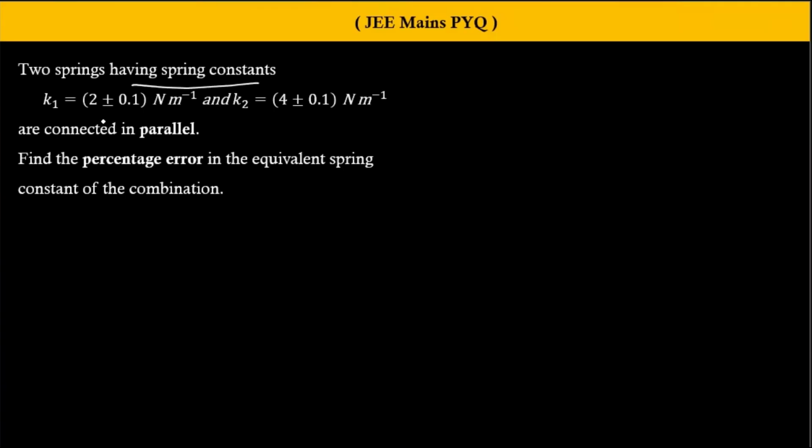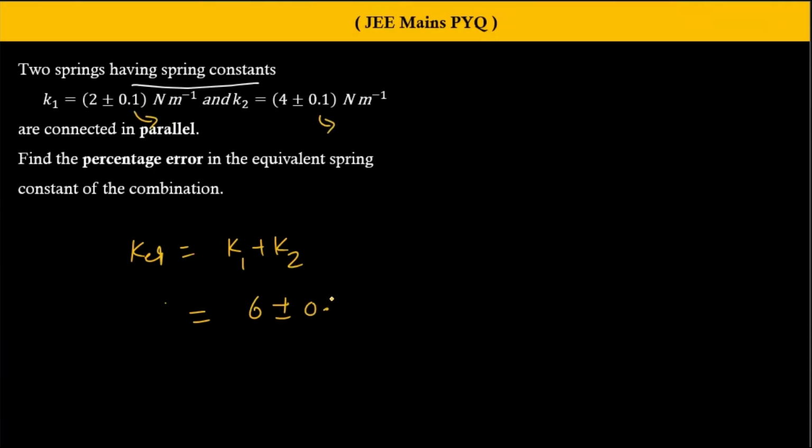Two springs have spring constants, this and this, connected in parallel. Find the percentage error. Now look, when you connect springs in parallel, you add them like in series. So k equivalent will be k1 plus k2. Okay, and when you add two things, their absolute error gets added, right? So k equivalent will be 4 plus 2, 6, plus minus, its absolute error is 0.1, this one's is 0.1.